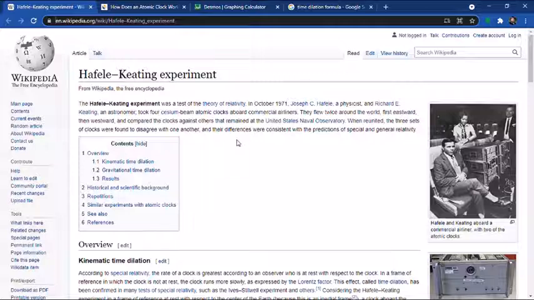Okay. So what is the HK experiment? After reading on it, it's basically an experiment where two scientists traveled with an airplane around the world, came back to the same place, and they took an atomic clock with them, and then left another atomic clock on Earth, not traveling, and then they saw if there's any difference in the time in the atomic clocks, and there actually was.